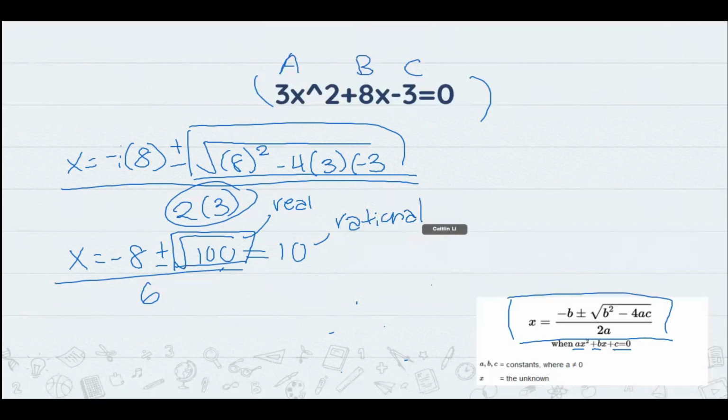And now what we would do is separate them.